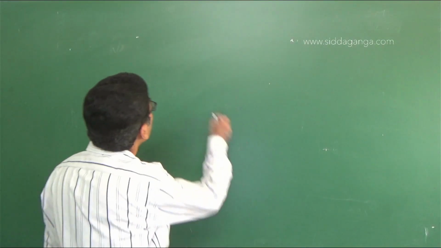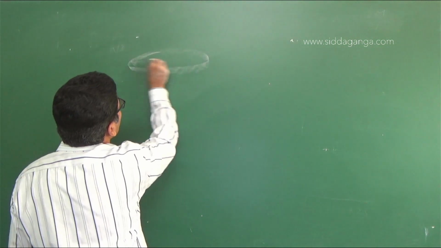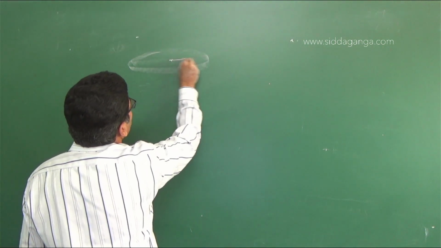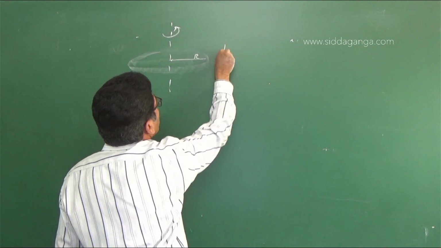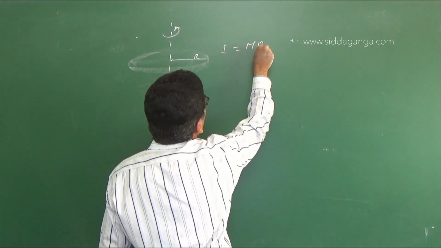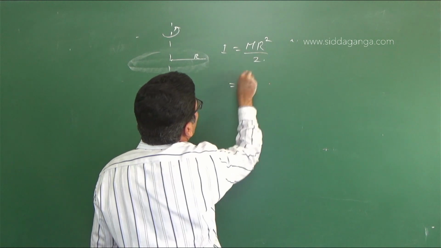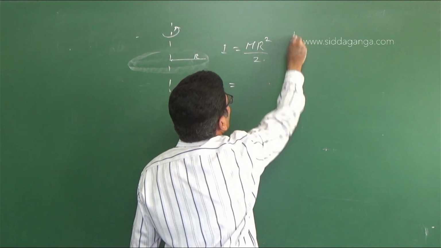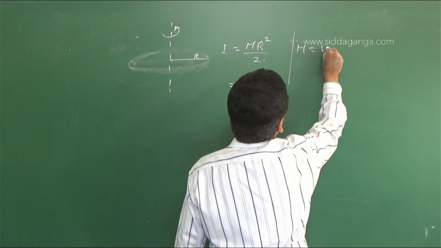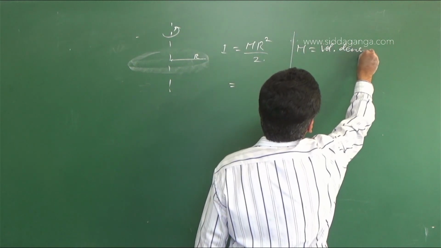So we know that the moment of inertia of a disc of radius R is given by I equal to mr square by 2. I can write mass as volume into density.